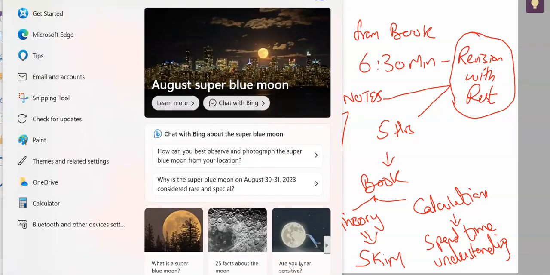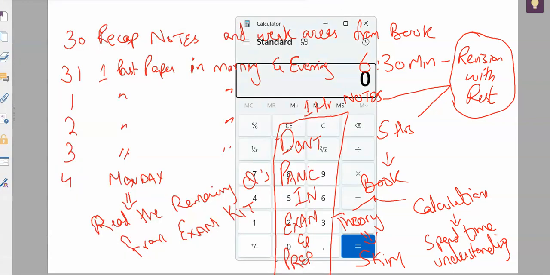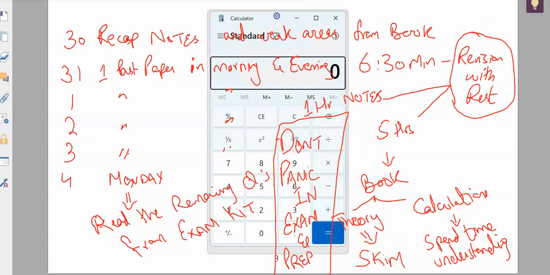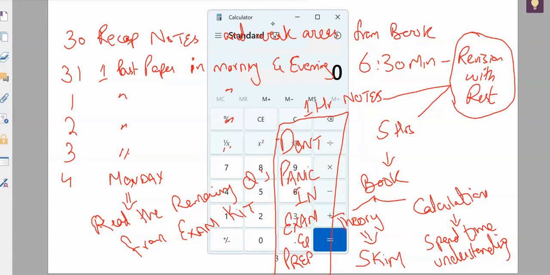Calculator. Okay, so a calculator would be helpful to make this calculation easy for us. So that would be 34 divided by 87. So that's actually 39% marks.